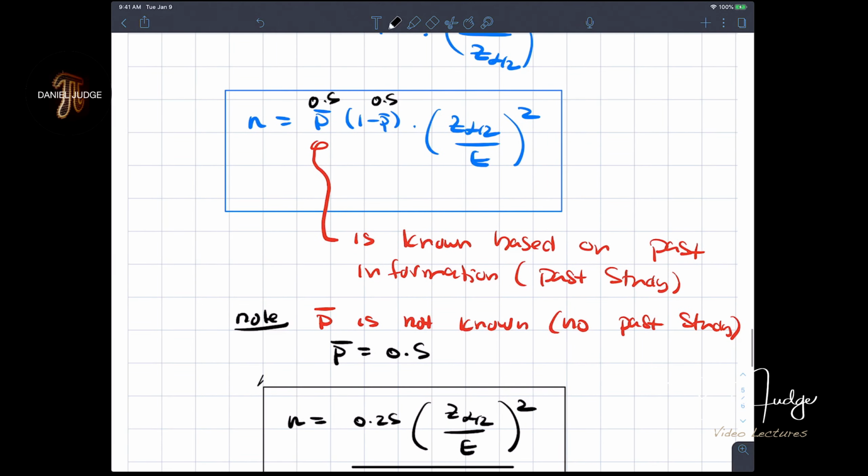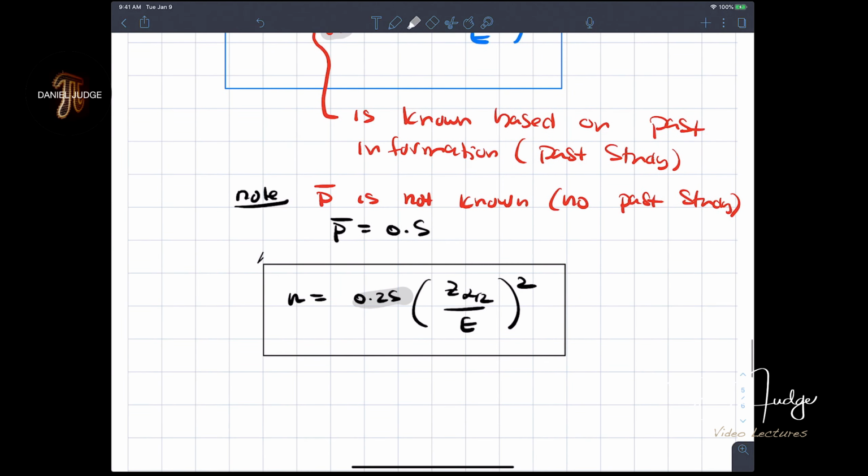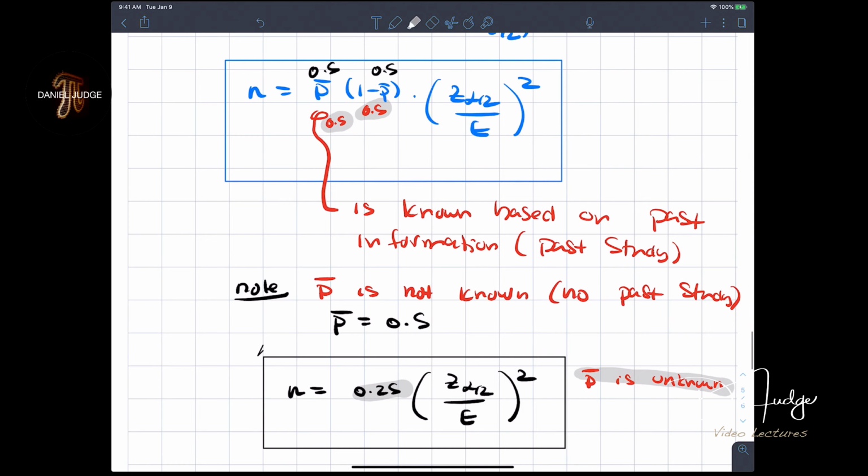Because 0.5 here, 1 minus 0.5 is 0.5, and then 0.5 times 0.5 gives you 0.25. And this is when we say p hat is unknown. So there's 2 versions here: one where p hat is known and one where p hat is not known. This is why you read online in that formula sheet, and this is why you guys need to actually write that down too.